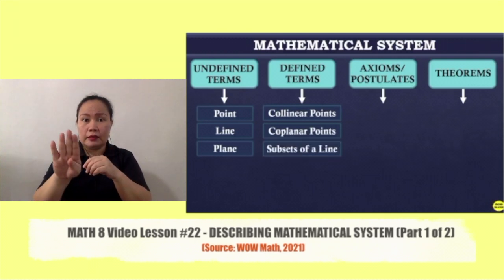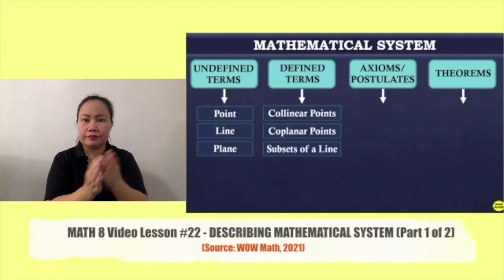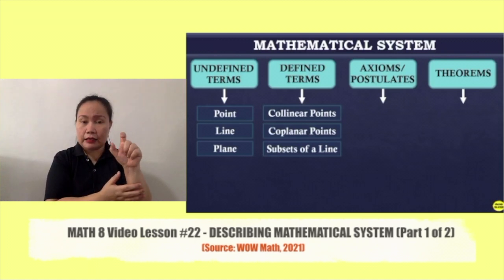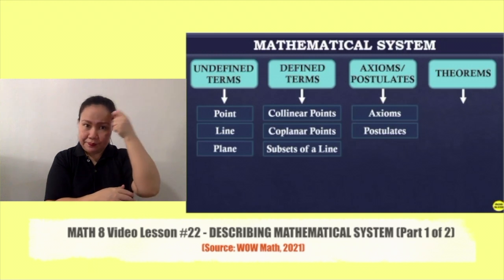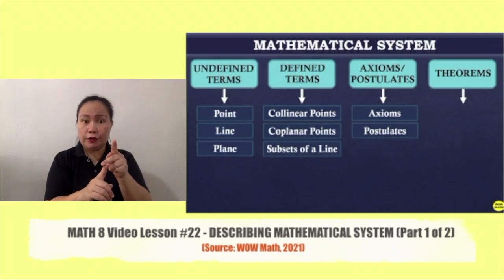Now, for axioms and postulates, we have 6 postulates under point, line, and plane postulates. So, dyan po natin yan tatalakayin. And the theorems, where we have three theorems for point, line, plane theorems.